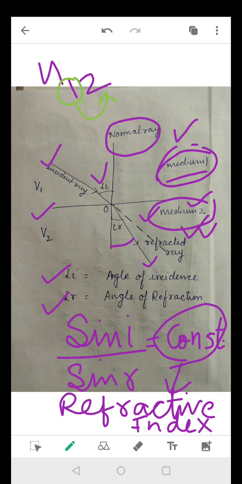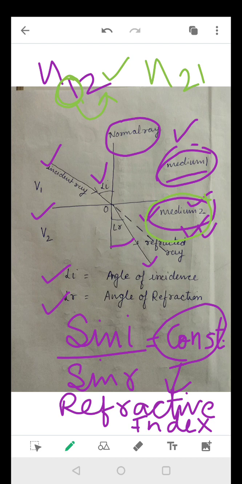So when I write N12, जब मैं फर्स्ट मीडियम का रिफ्रैक्टिव इंडेक्स कैलकुलेट कर रही हूँ, ठीक है? किसके कंपैरिजन में? मीडियम 2 के कंपैरिजन में, राइट? So I'll write N12. The second way is, if I'm calculating for medium 2 and I'm comparing it with medium 1, then I will write N21.